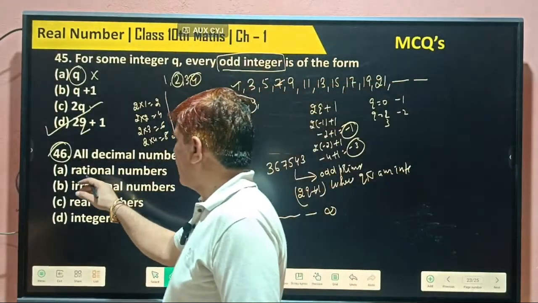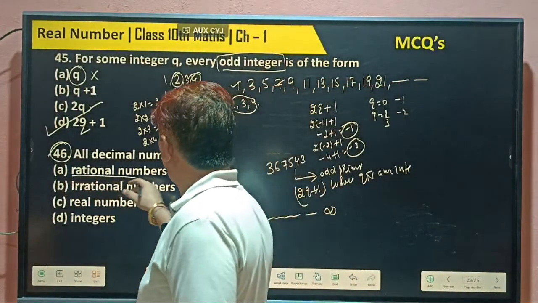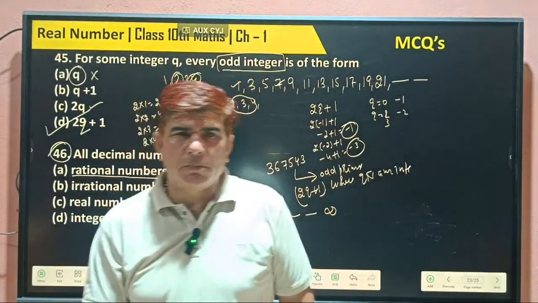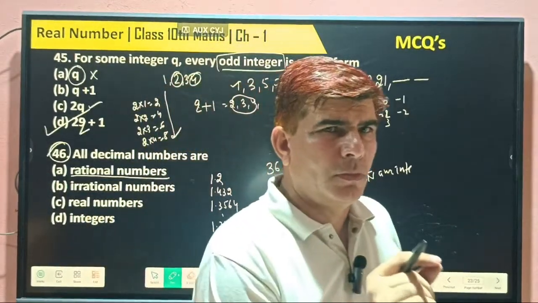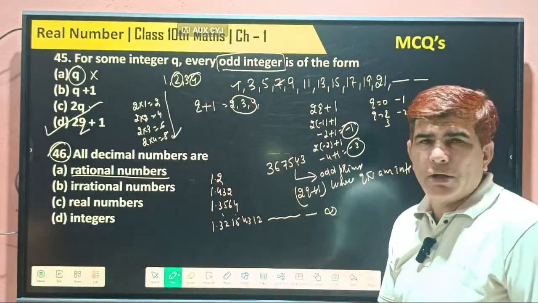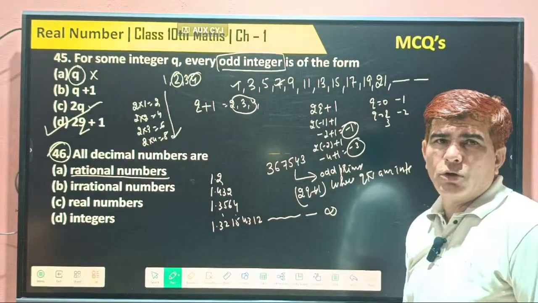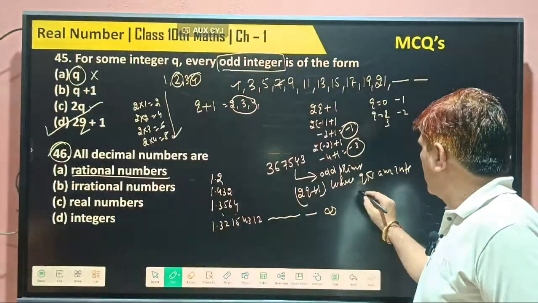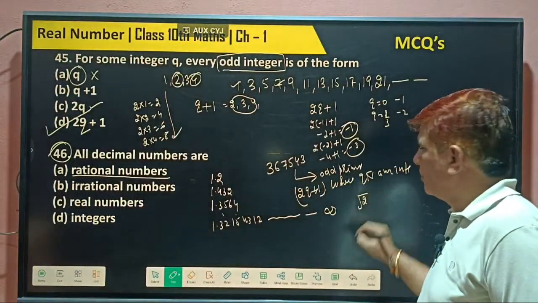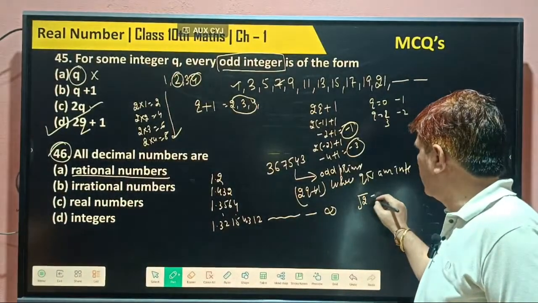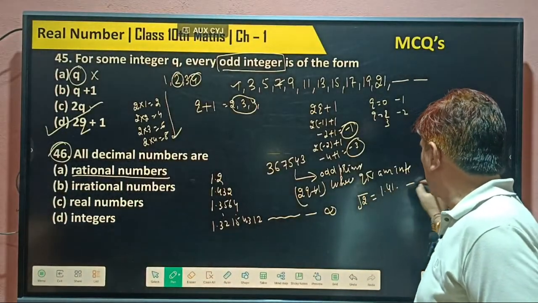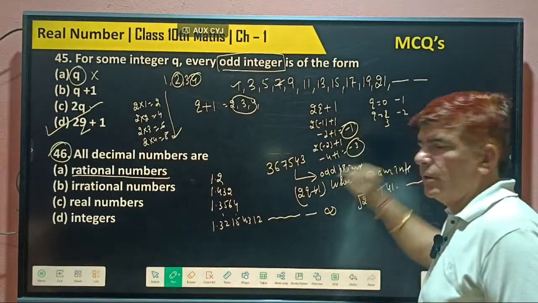Rational number? No. Some numbers are in the form of decimals but not rational. Square root of 2, what's its value? 1.41 and it continues till infinity.